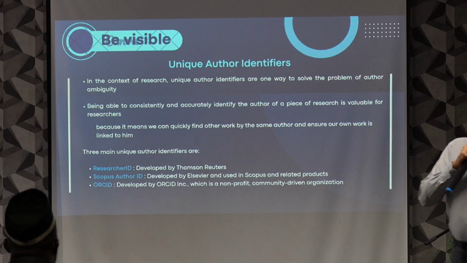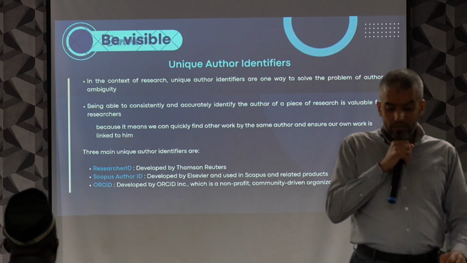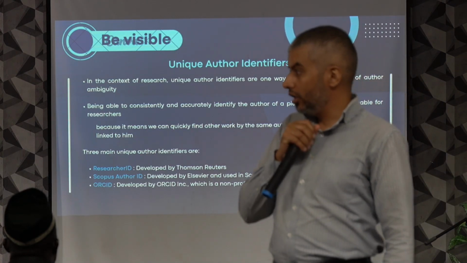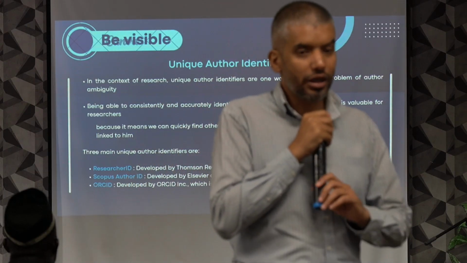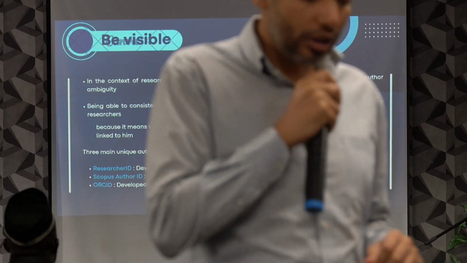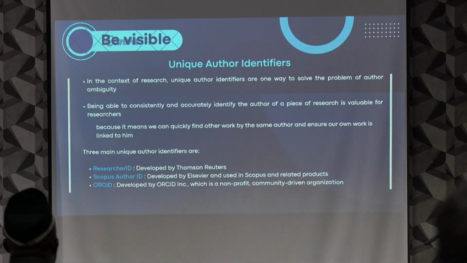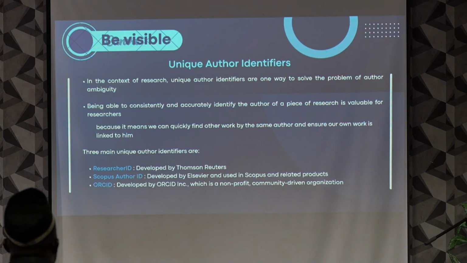Now, there are things that are sometimes neglected by authors or researchers, but which I think are a very important aspect when it comes to publication, which is the unique author identifiers.